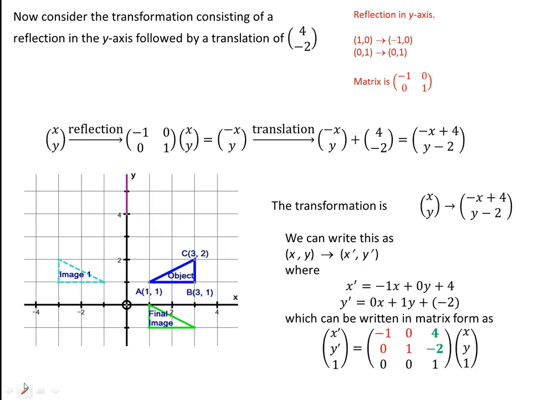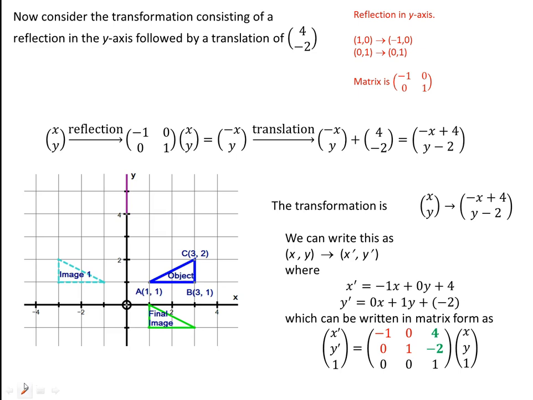So we could write this as (x, y) goes to (x', y'), where x' is -1x plus 0y plus 4, and y' is 0x plus 1y plus -2.